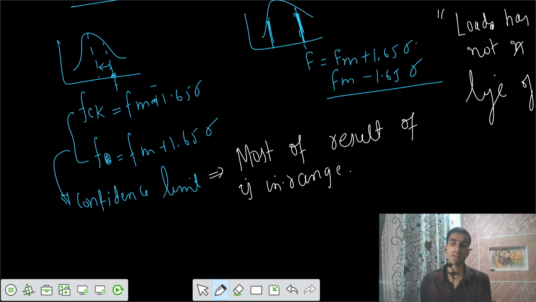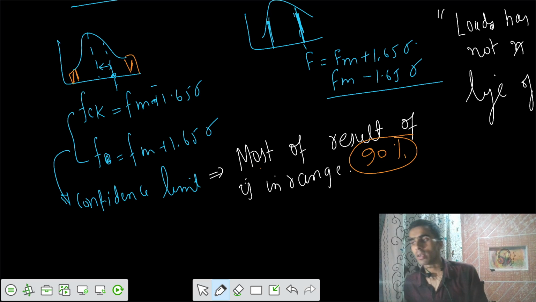So we say that these are your confidence limits. The percentage outside is 5% on one side and 5% on the other side. So 90% of the specimens would be under these two confidence limits.